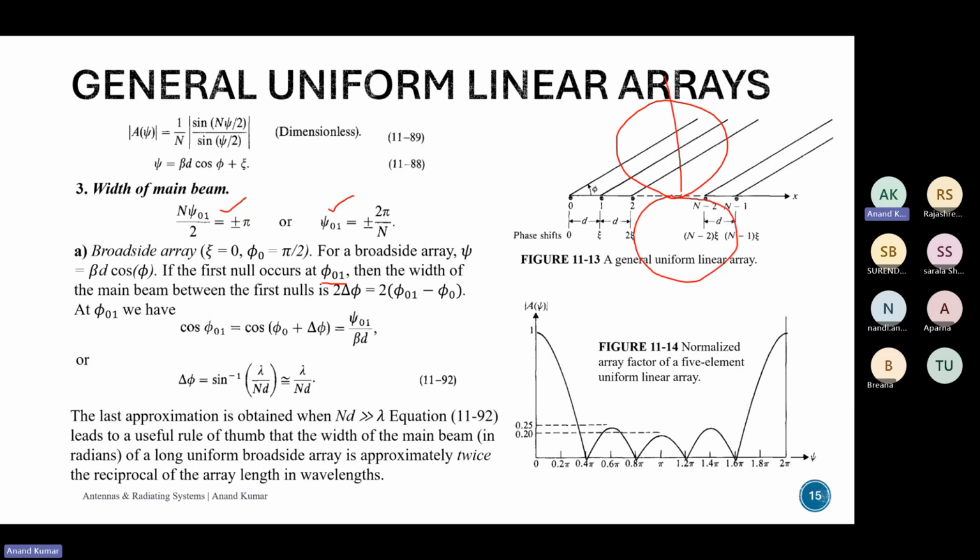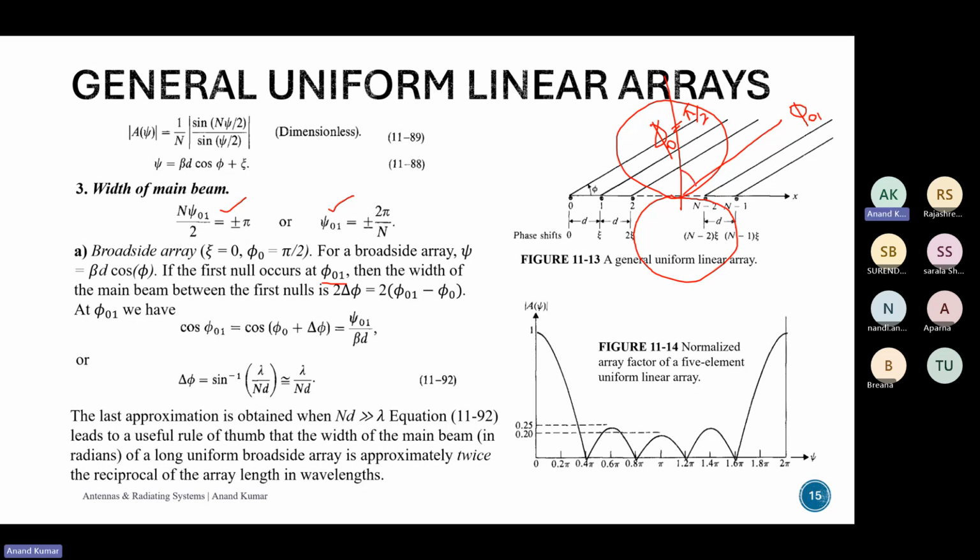We have phi equals 0, which is the direction of the main beam, equals pi by 2. The location of the first null happens over here, which is phi 01.